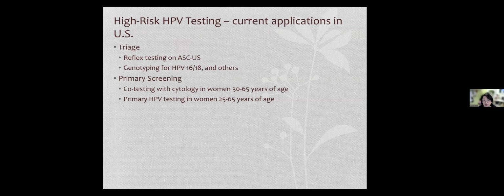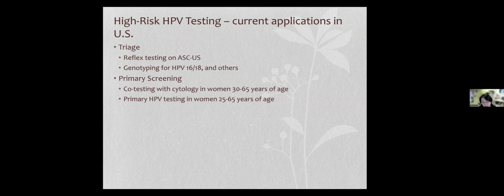So high-risk HPV testing, what we use currently in the US, there are a couple of ways. One is reflex testing on ASCUS, and we'll do the reflex on ASCUS and genotype for HPV, either 16, 18, or others. And another way is co-testing.